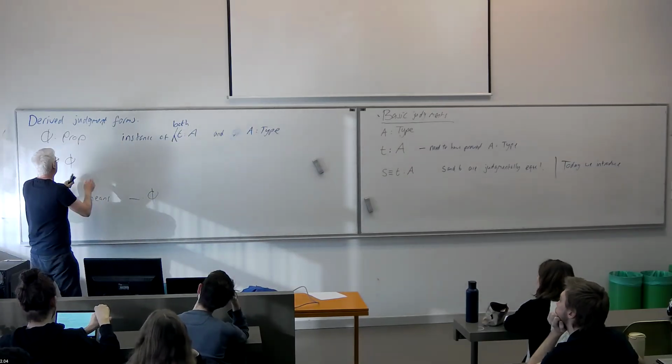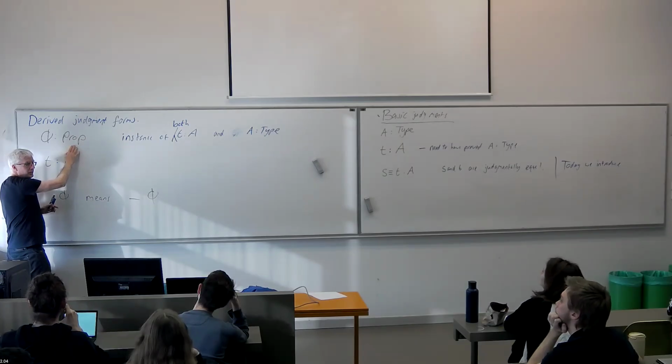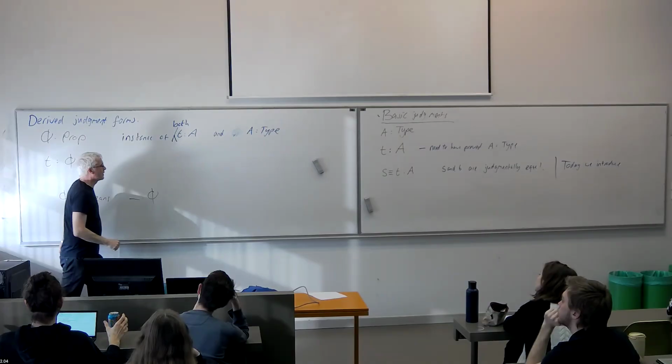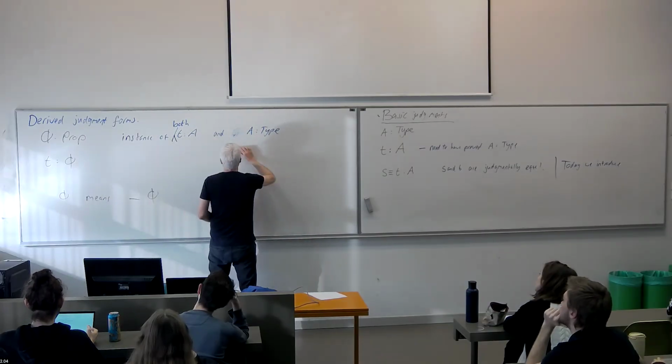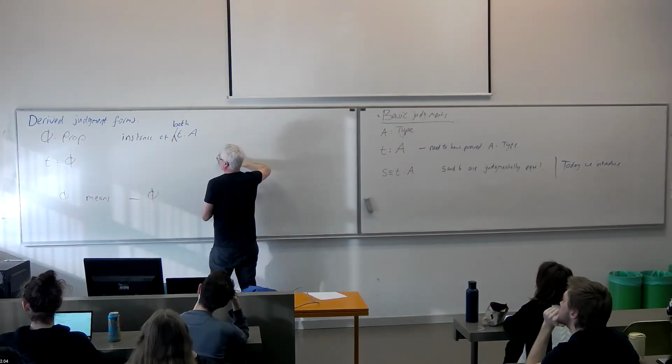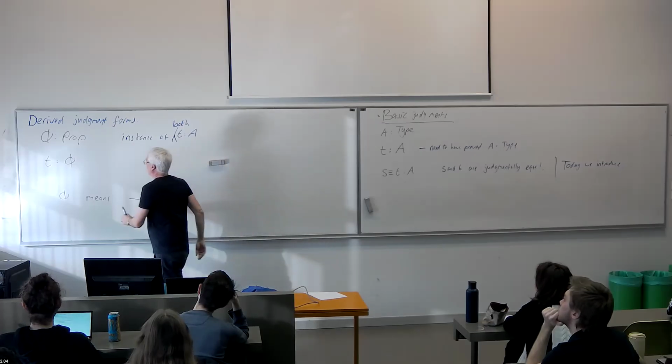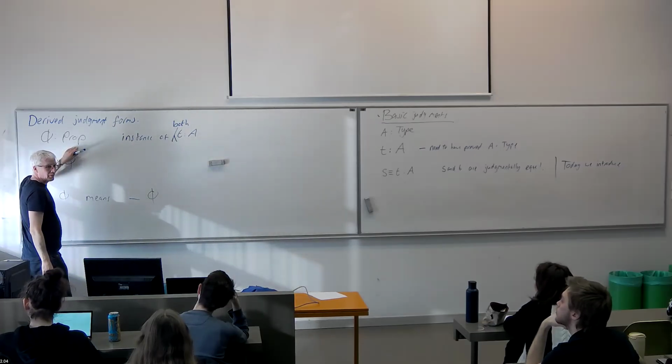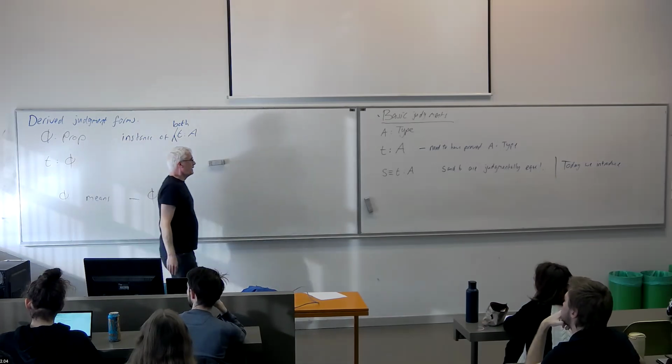It will follow that phi is a type, but when we say phi is a prop, we're saying something stronger. Okay, but it's a very good point. So it's not such an instance of this. In this case, it follows from this that phi is also a type. Okay.